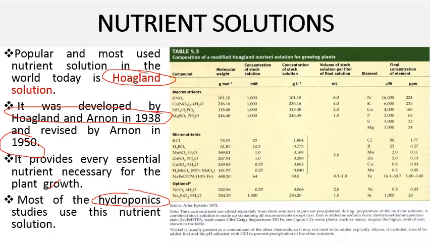This is the table which shows the composition of modified Hoagland nutrient solution for growing plants. It contains macronutrients, micronutrients and some other optional nutrients. These are the numerical values required for the preparation of this solution, which is the most accepted solution for hydroponics studies.